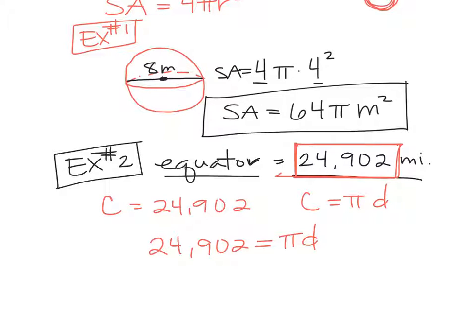To solve for d, divide by pi on both sides. 24,902 divided by pi comes out to a rounded 7926.552.